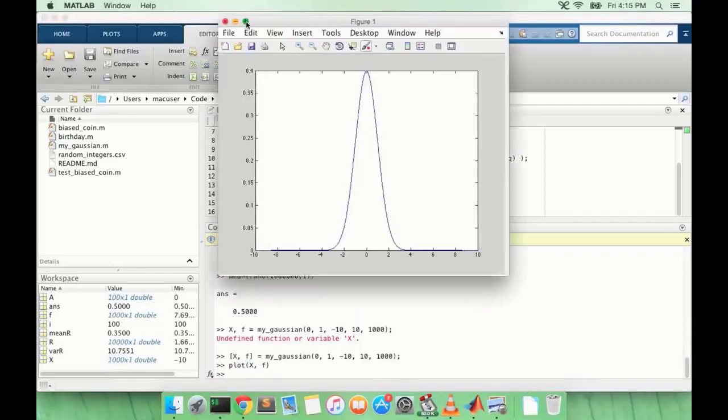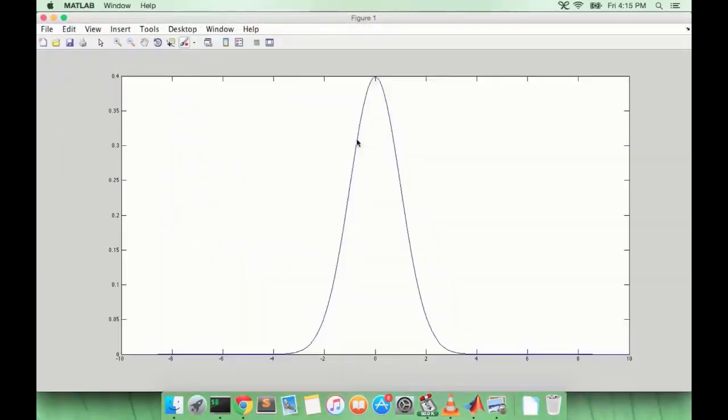Alright, so we get this bell curve. The peak is at 0 because that's the mean, and then it's spread out from about -2 to 2. So the drop off, or how fast f of x goes to 0, is pretty quick. You can see the maximum value is about 0.4.